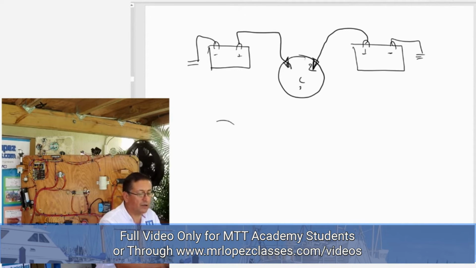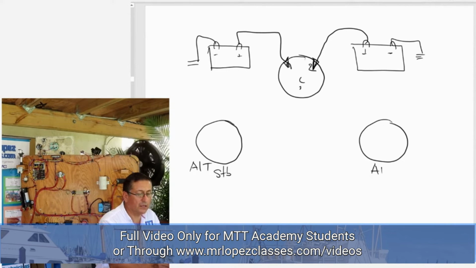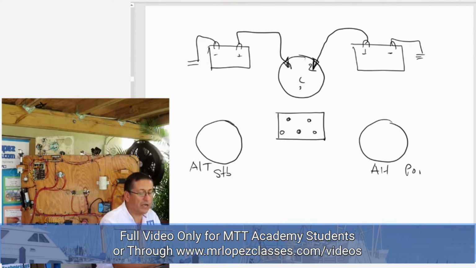I have the alternator number 1, this is the alternator of the starboard engine, and I have the alternator of the port engine, and I have the ACR with two inputs and three outputs.